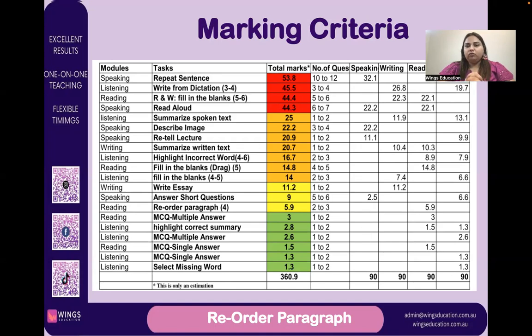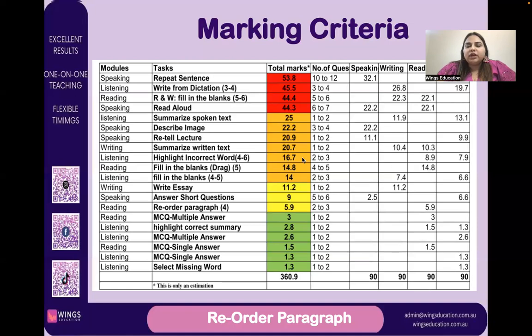Keeping that in mind, I don't want you to spend more than 1.5 minutes on that particular exercise called reorder paragraph. So try to practice and try to avoid wasting your time in your final exam on this exercise more than 1.5 minutes. I hope that makes sense by now.